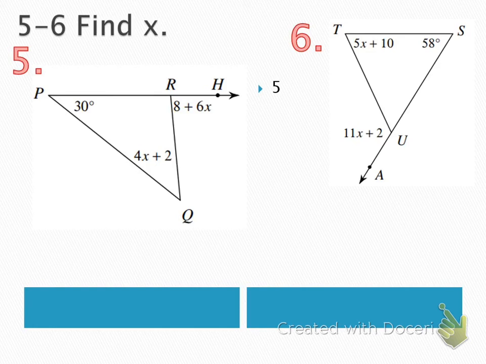Correct. So what are the two interior angles? So you're going to add those. And they'll equal the outer. Good. Correct. We've got one more.